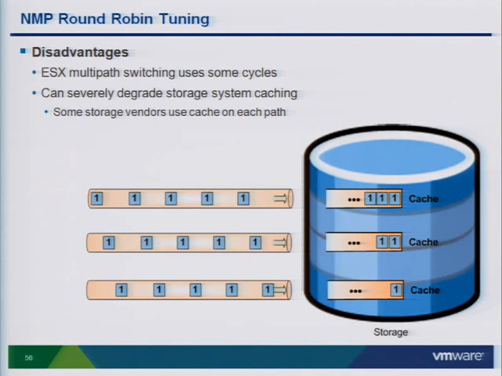There are or were some storage systems out there that had a cache associated with each port on the system, so you would end up completely defeating the caching capabilities of the storage by going for a complete round-robin setup. That was part of the reason for the 1,000 IOPS that we do by default. If you see better performance using 1,000 IOPS rather than 1, there's a good chance your storage is doing something like this.